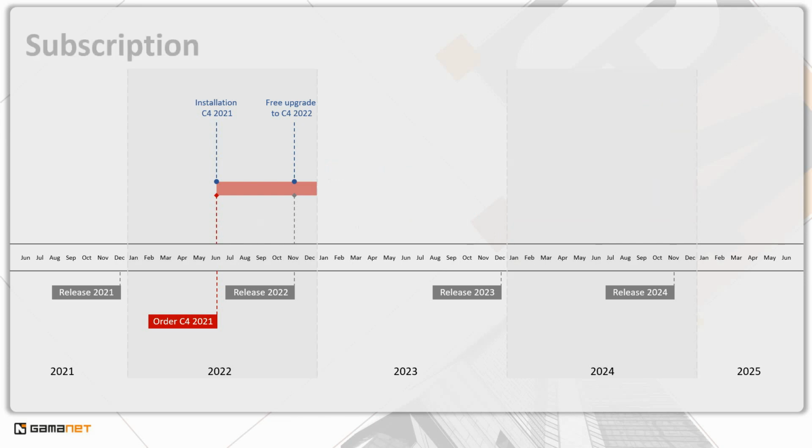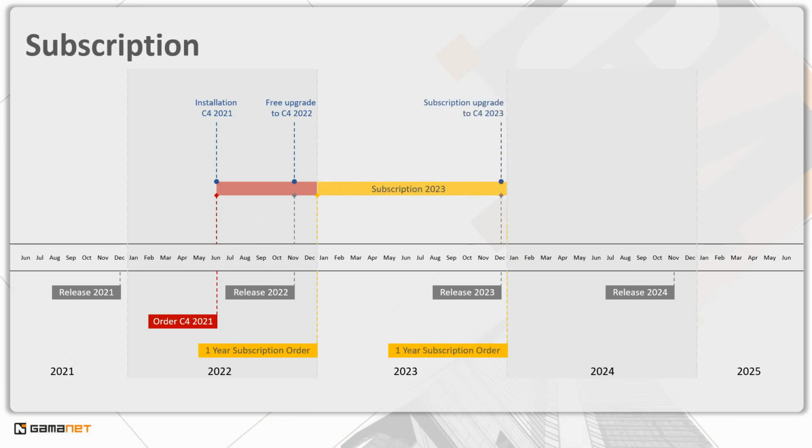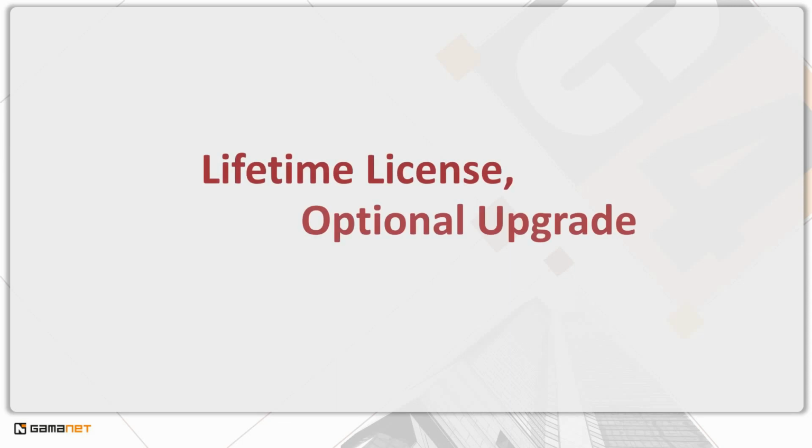The second option is a subscription, providing regular access to the new versions of the C4 system at discounted prices compared to a standard upgrade. The subscription applies to all released versions in the prepaid period and is ideal for customers requesting a new version every year. It is important to note that both strategies are optional and the customer can decide for himself whether and when he needs a newer version.